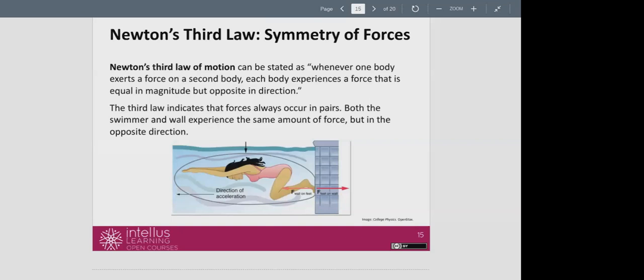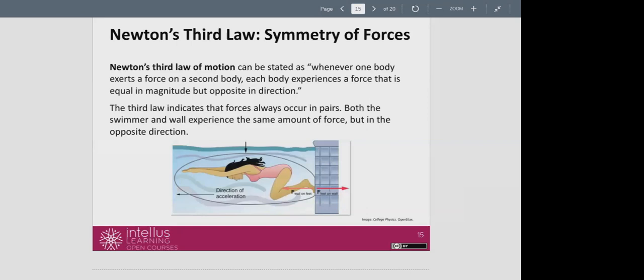And so you can see in the picture that the swimmer is exerting a force on the wall with her foot. And we can see in the picture that in response, the wall exerts a force back on the swimmer's foot. Now, those two forces are the same size.